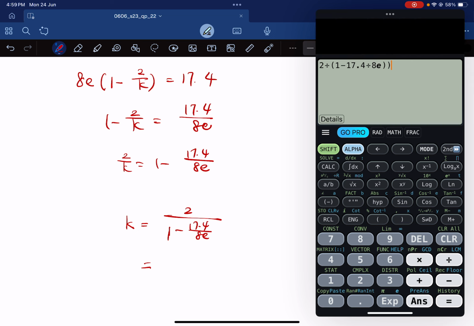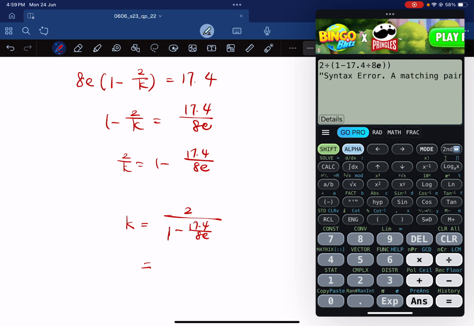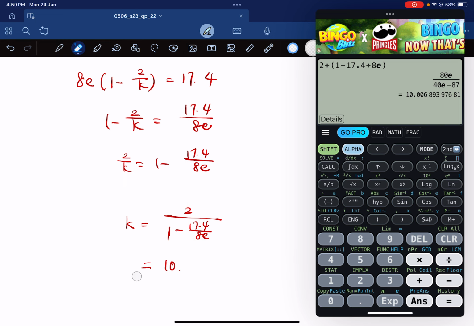So what is this? Syntax error. So it's roughly 10, right? 10.006. Okay, yeah.